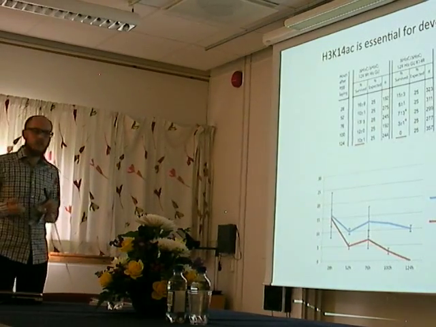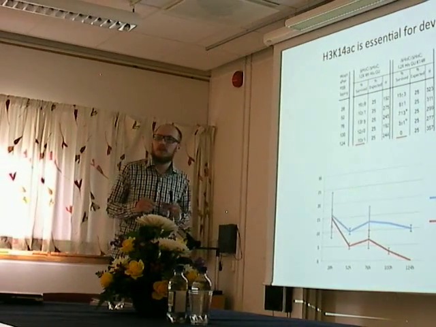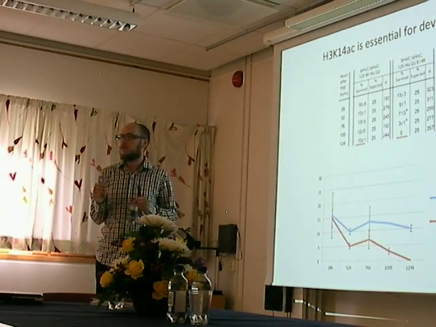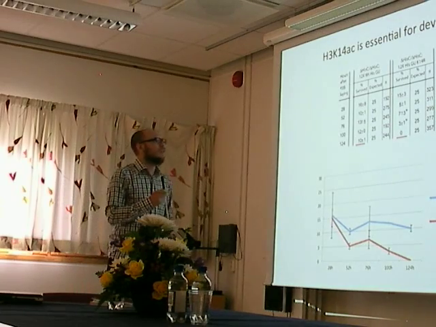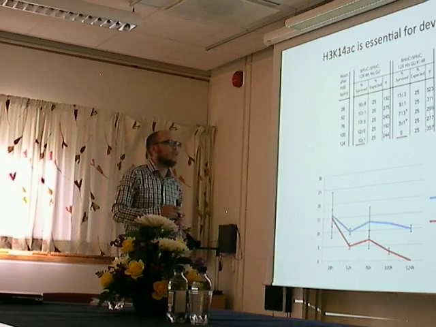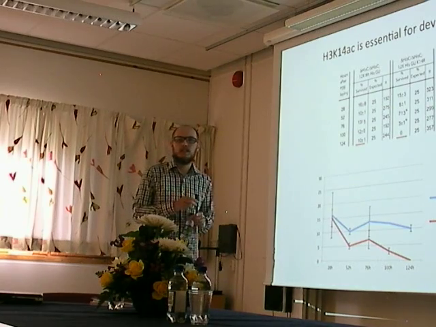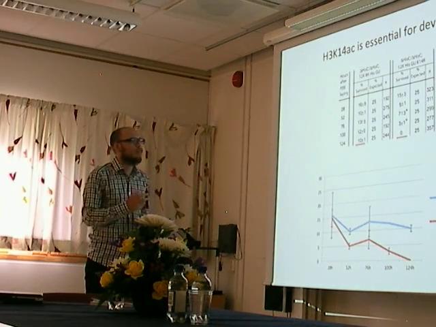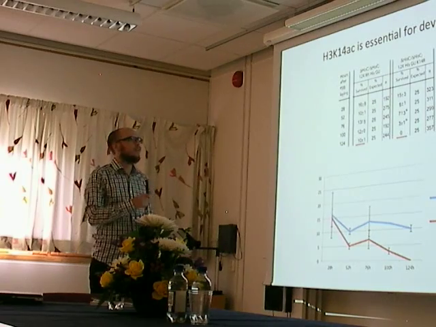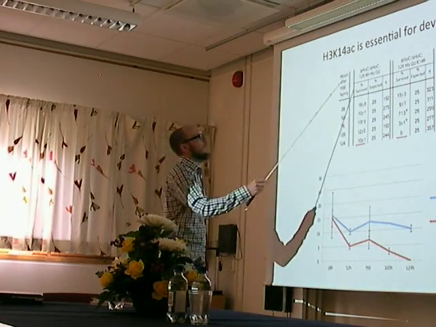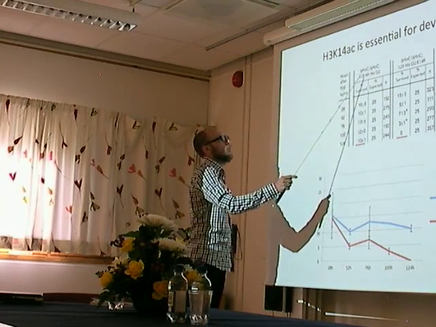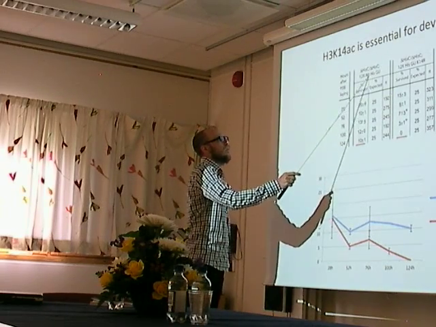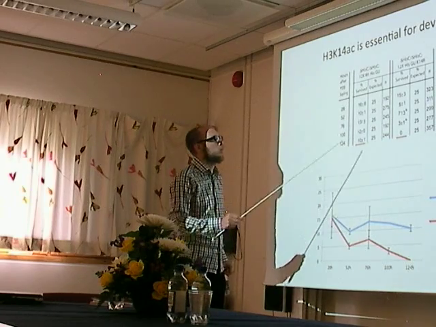Since we saw that these embryos and larvae that only have the replacement do not survive until adulthood, we decided to test at what stage these embryos or larvae die. So here we have animals homozygous for the deficiency that have 12 copies of wild-type replacement histones.